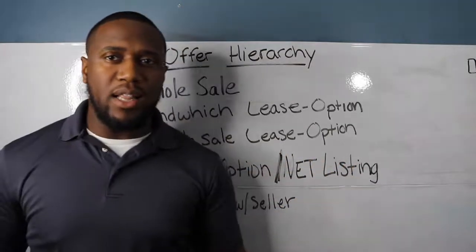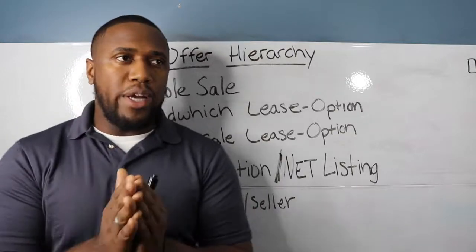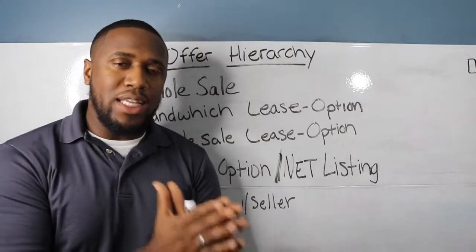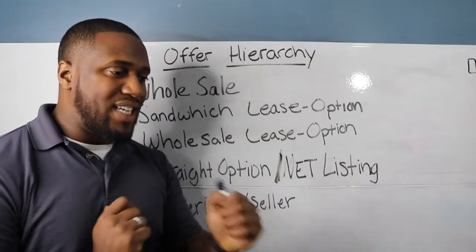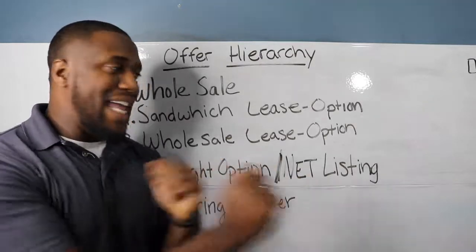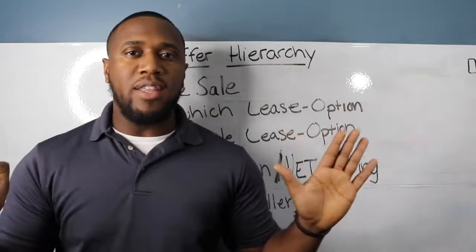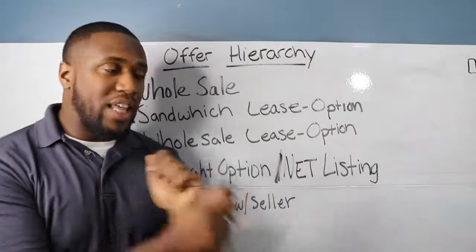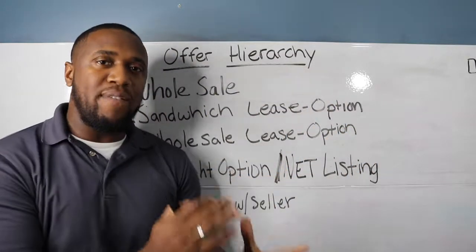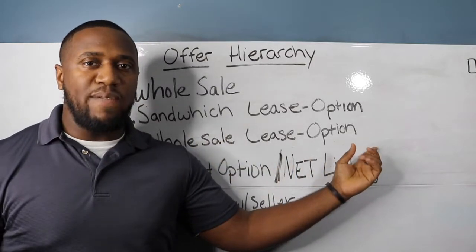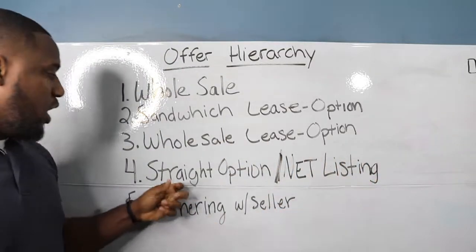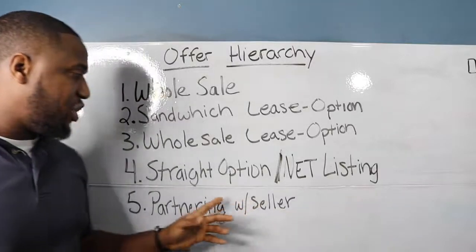Now, a wholesale lease option is where you're going to get the property under a lease option agreement, but you're going to assign your position in the agreement to what we call a tenant buyer, and then you're out of the deal, right? But they still need to have 3, 4, 5 years to give to the tenant that you find, okay?